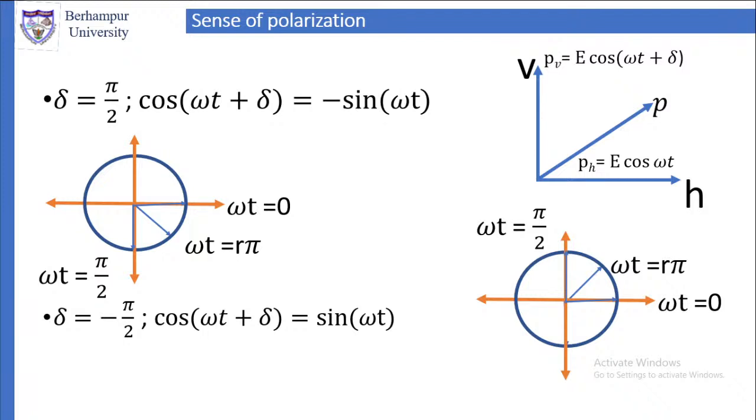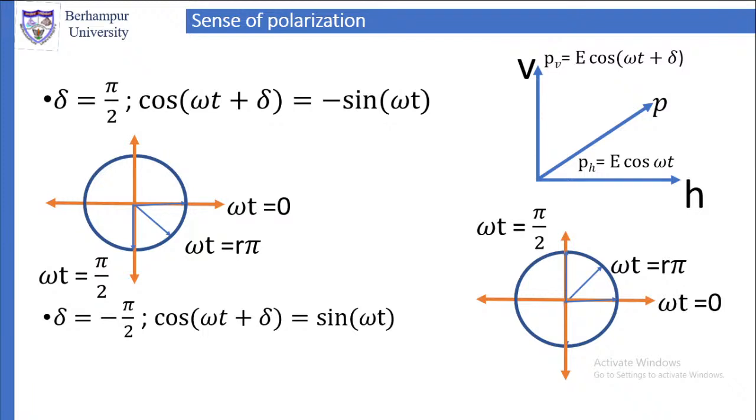That is shown in the circle. It will be downward. If you look from omega t is equal to 0 to omega t is equal to r pi, we have moved on the circle in a clockwise direction. So delta is equal to pi by 2. We are moving in a clockwise direction.